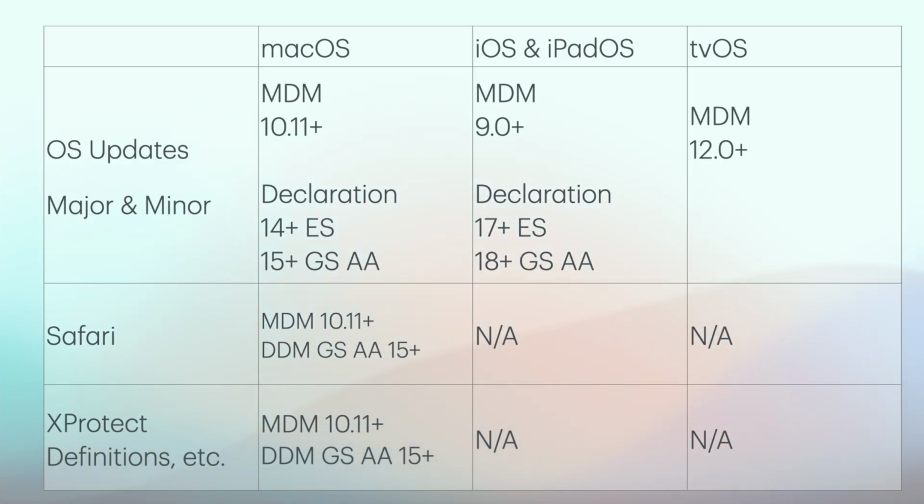Yes, the global settings and automatic actions can do that, but there is no way within the enforcement-specific declaration to pick a specific point in time to do a Safari or XProtect update. Those are still only done via MDM or the automatic actions if you have that configured. And if you're like me, a Safari boy, and you think Safari should be used in the enterprise, there might need to be some feedback to Apple around that, and I've already sent in, and we'll talk about at the end, how you could manage the release cadences and points for that.